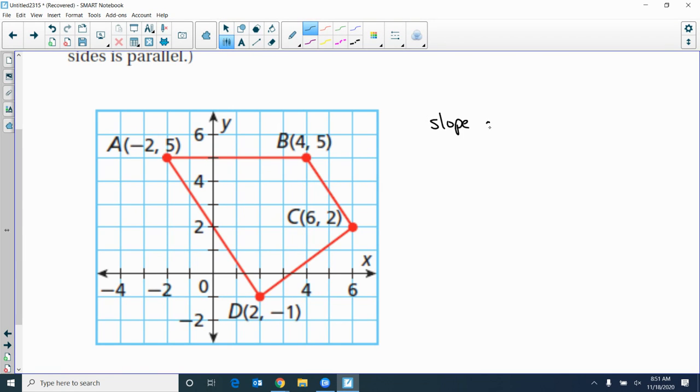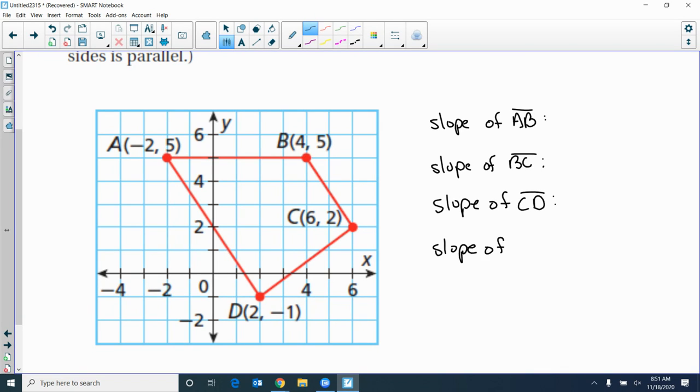I want to know the slope of AB. I want to know the slope of BC. I want to know the slope of CD. And I want to know the slope of AD. There's four lines.